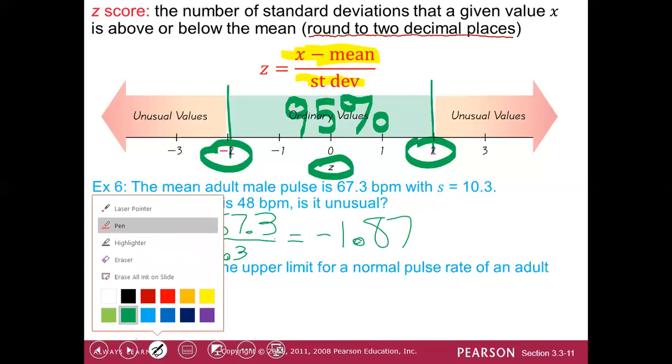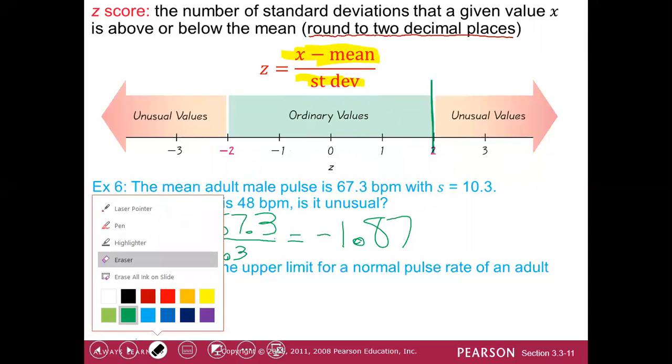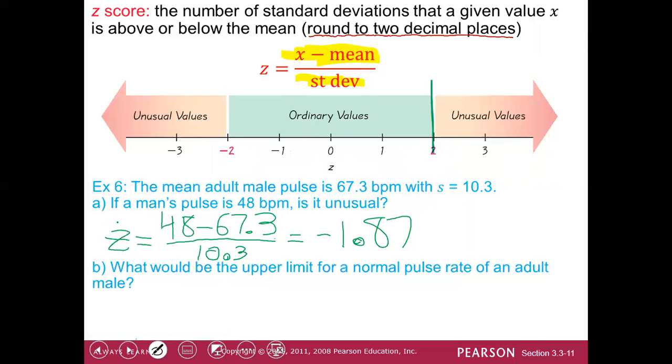So this is basically saying that if I think of this like on a number line here, the z-score that associates with 48 would land right about here, negative 1.87. Is that unusual? No. That's still in the usual range, the ordinary values.